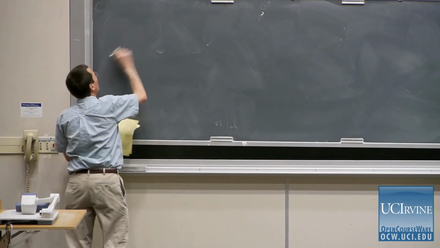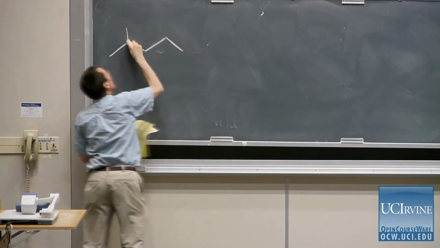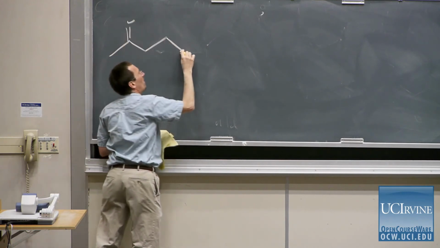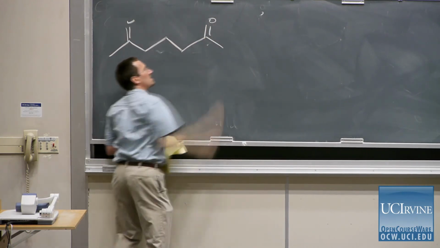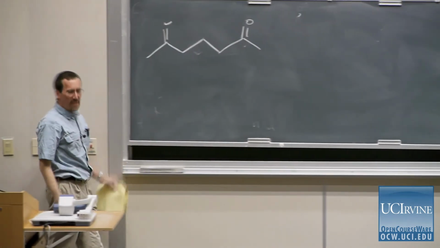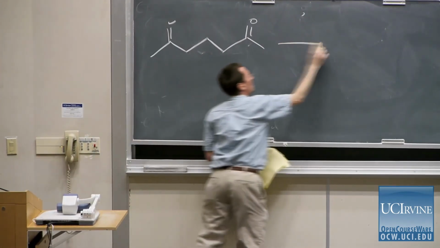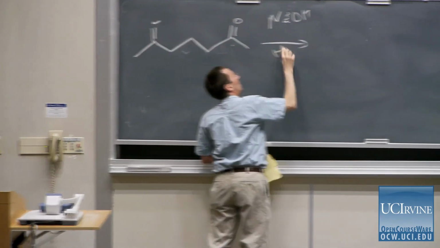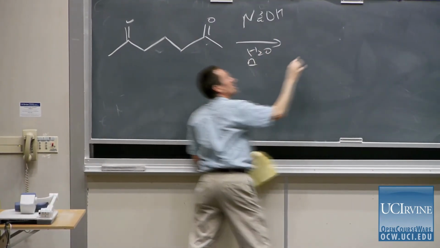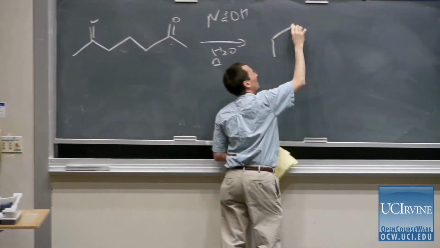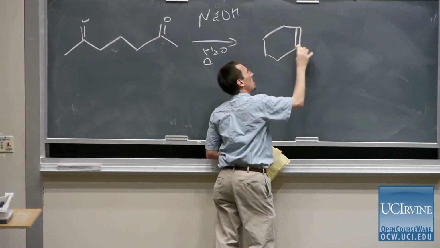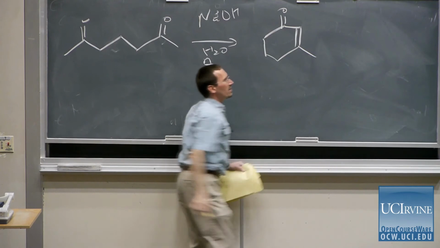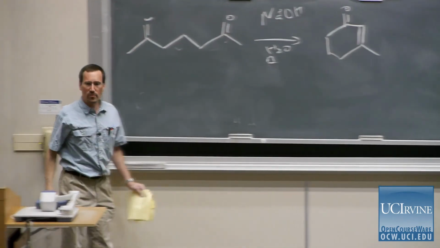Let's do a 7-carbon diketone. 1, 2, 3, 4, 5, 6, 7. We'll take this 7-carbon diketone, same conditions, our same sort of universal aldol conditions. And what do we get here? You go through the same thought processes, and you get the 6-membered ring.